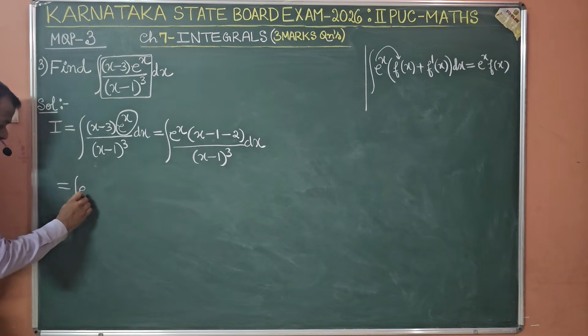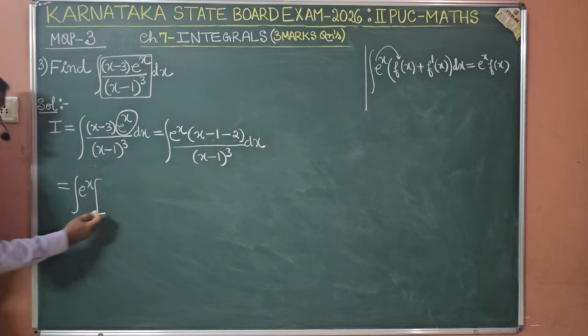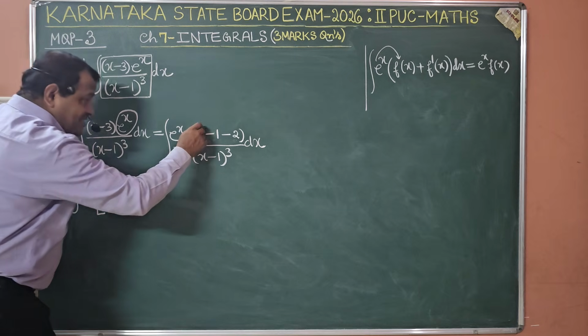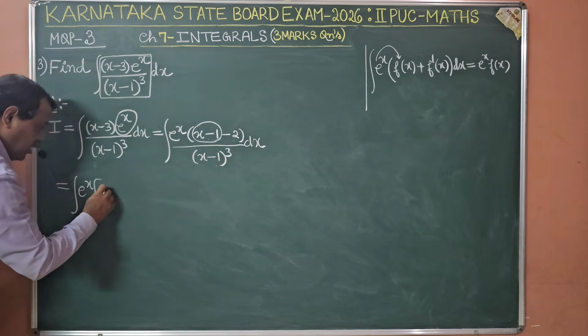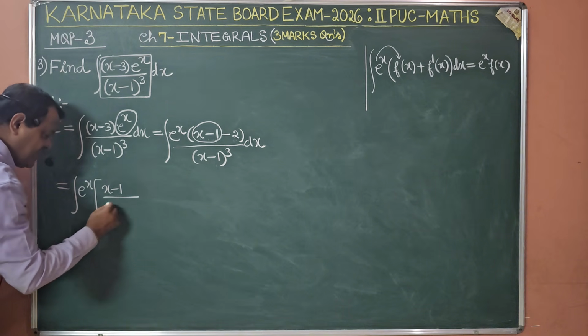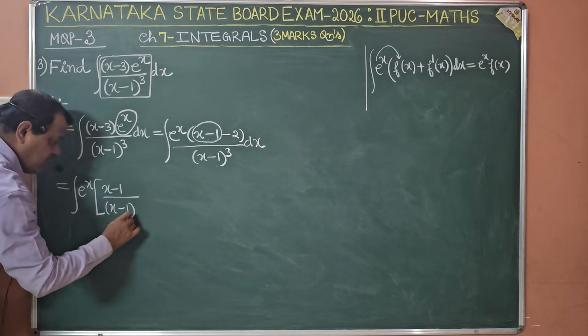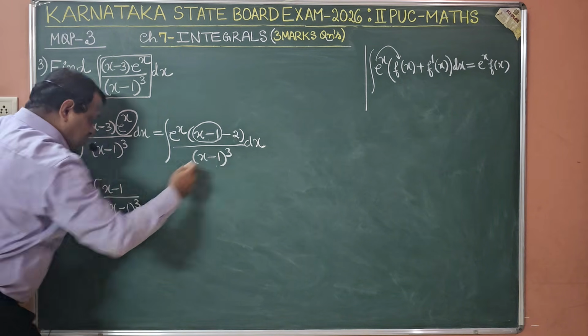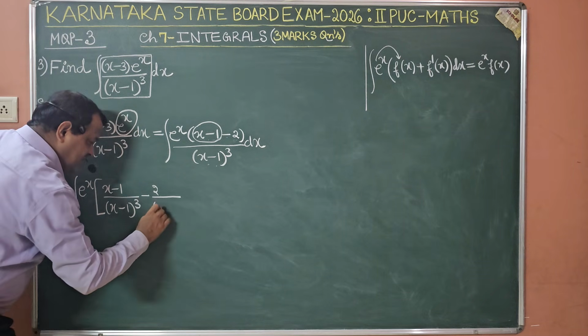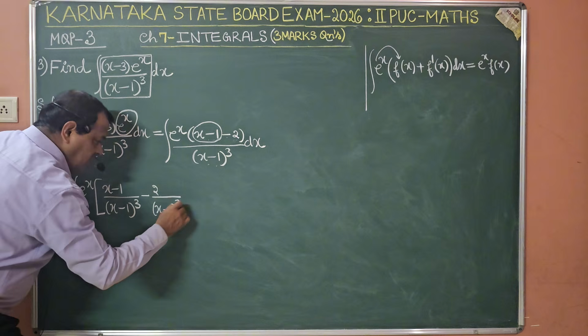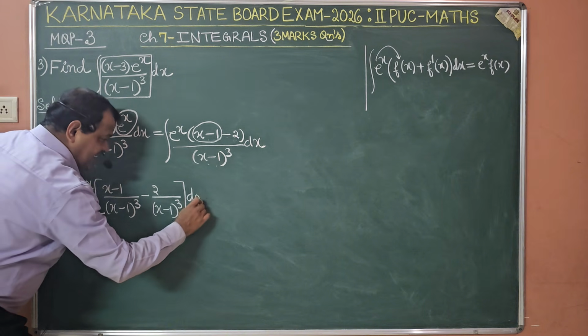It is the integration of e power x into, I will start a bracket and I will split. This term, x minus 1 divided by x minus 1 whole cube, then minus 2 by x minus 1 whole cube into dx.